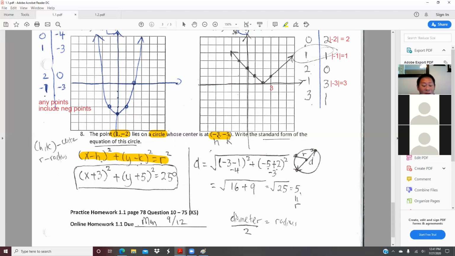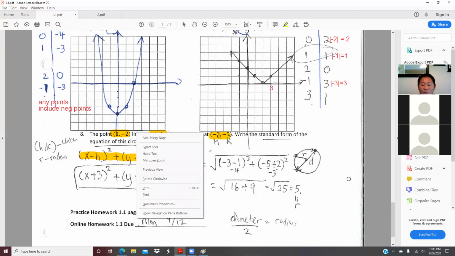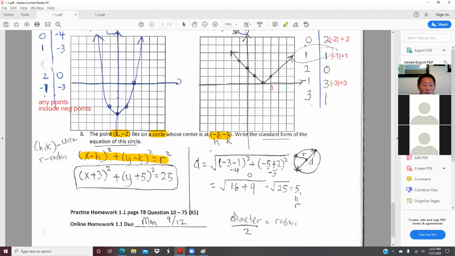I square it, and then you get 25 in this case. So this kind of question is done the backwards way, where they will want you to give them the equation. Last time I gave you the equation, you gave me the center and the radius, but this time you have to give me the equation, and the center and radius are the main goal in this case.